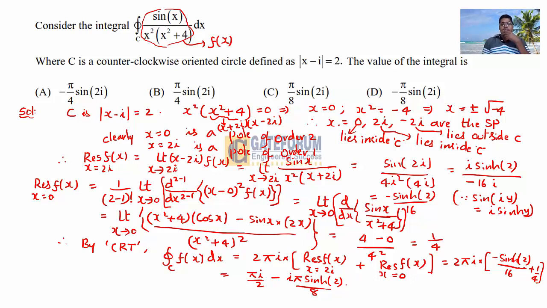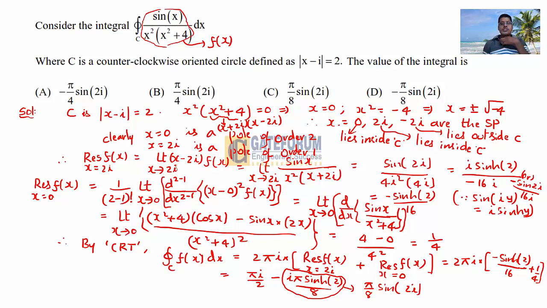In the options, sin 2i is there. Here I can write instead of i sinh 2, sin 2i, because according to the options, finally this term is pi by 8 sin 2i.